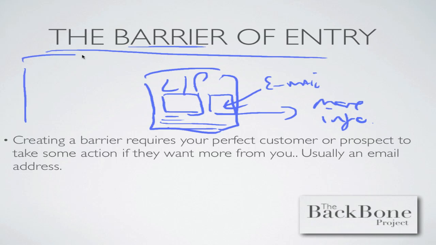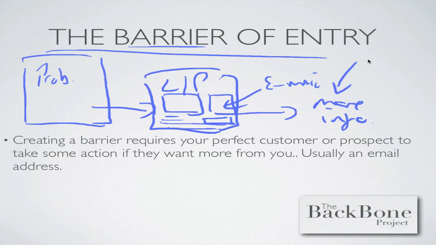This is what I like to call a barrier page, because there's a lot of people with problems, and what you're really looking for is just the ones that are going to be interested in your stuff. And by taking them to the barrier and asking them to take action, this identifies the people that are actually interested. It filters out, and that's what it really is, it's a filter.